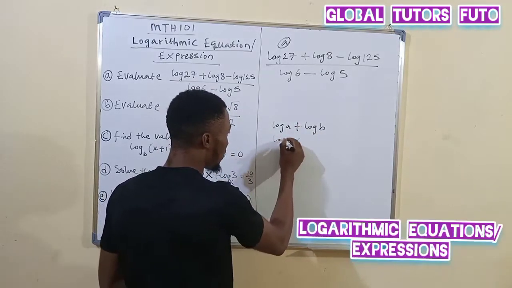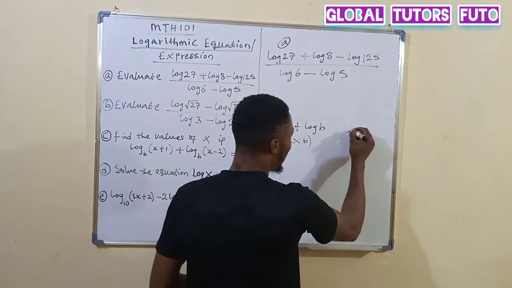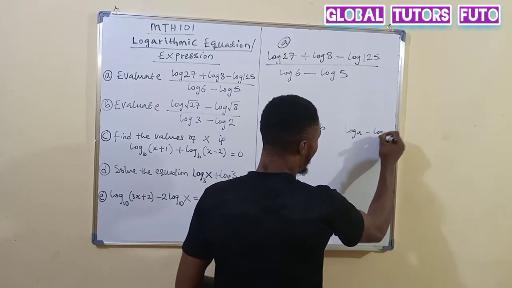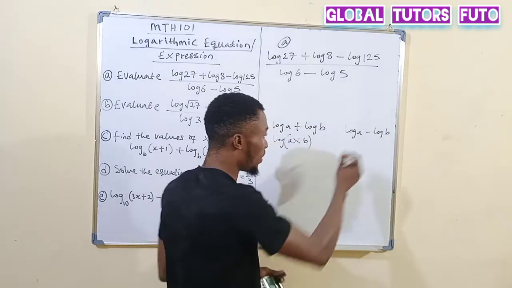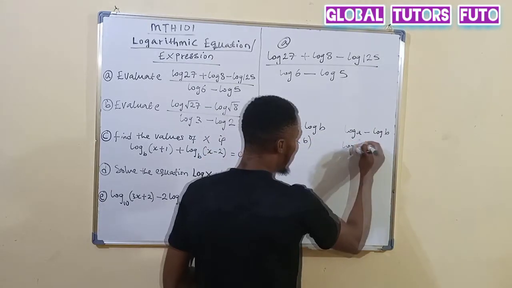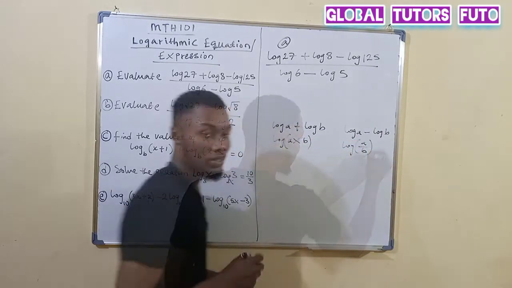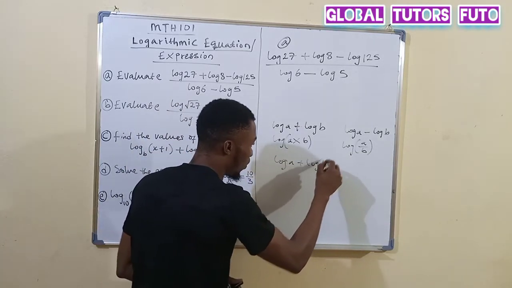So it means log of A times B. Now, if I have log A minus log B, this looks like division if I flip. So it means log of A over B.